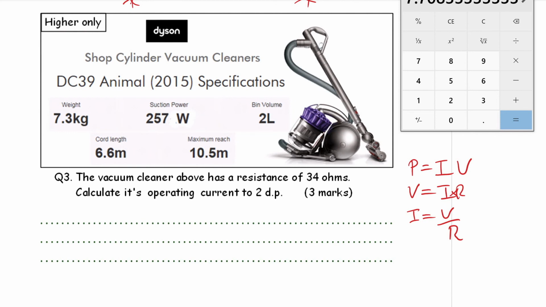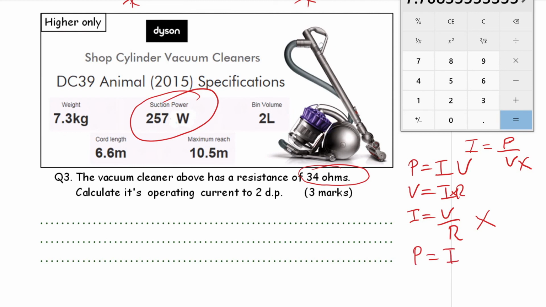Now if we look at the information given, we're given power. We're also given resistance. So we can't work out the current from that equation there because we need to know V. If I rearrange P equals I times V, I equals P over V. Again, we don't know V. So this is where we can use this equation.